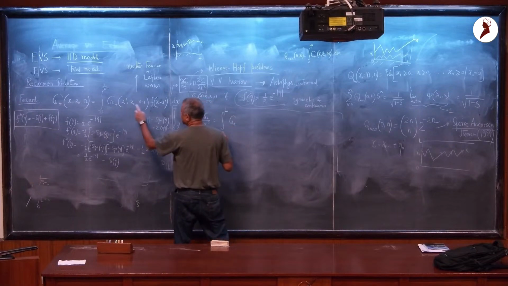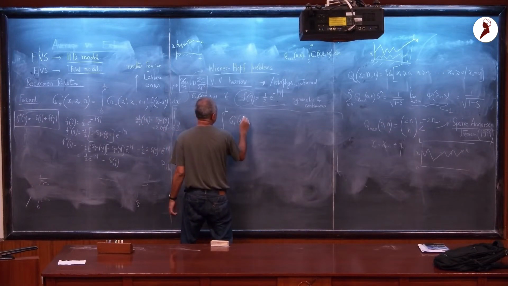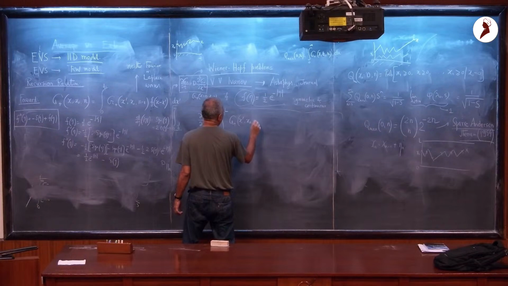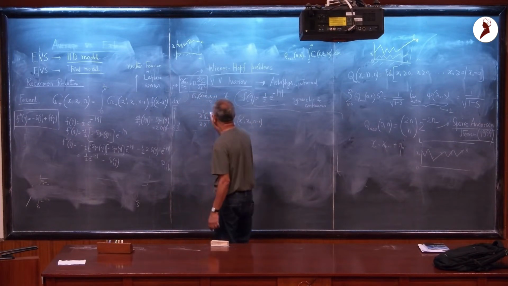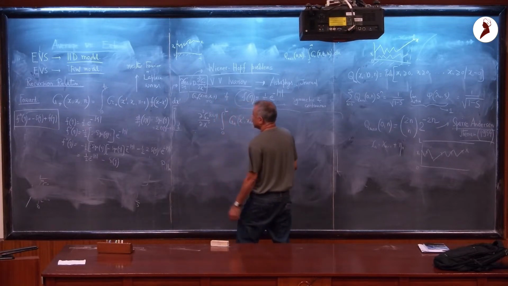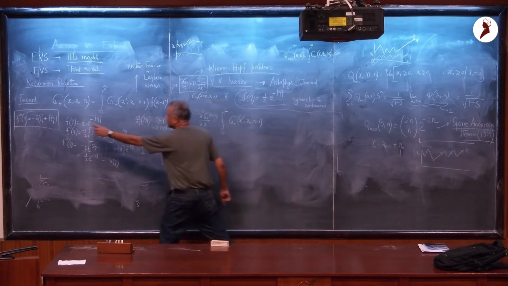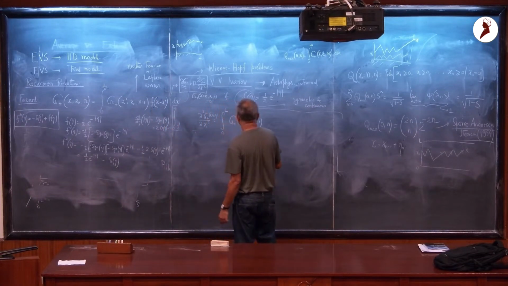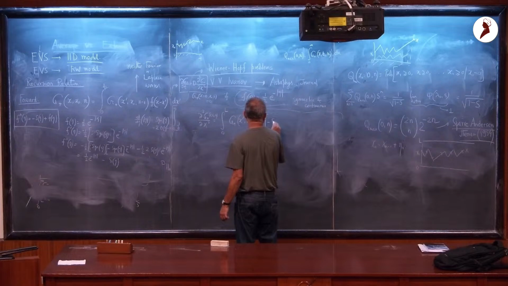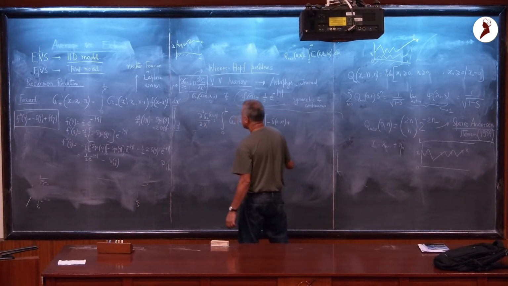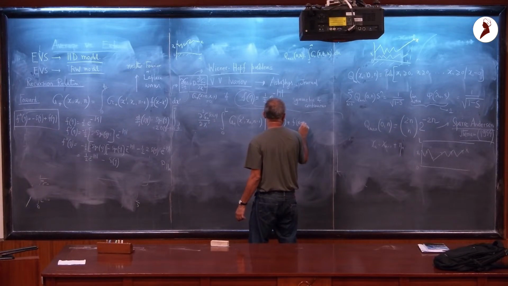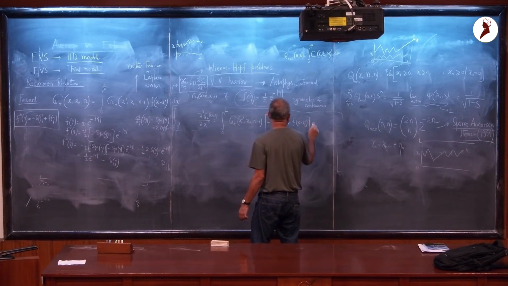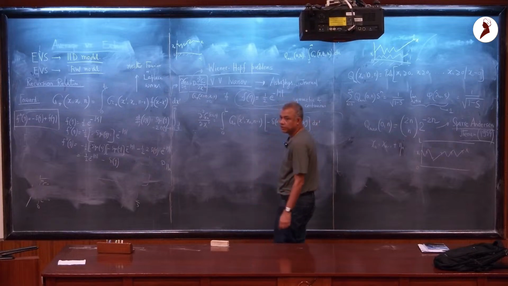So this doesn't depend on x, right? So this is as before. This is x naught n. But for this guy, I'm just going to use this equation, because f double prime of x is just minus delta of x minus x prime plus f of x minus x prime. Right?